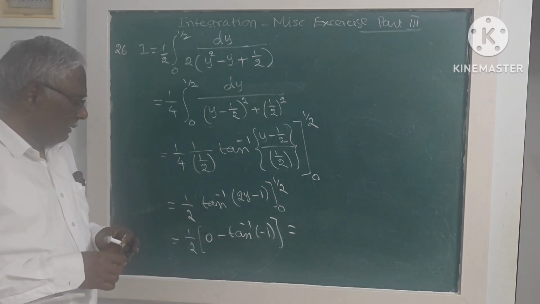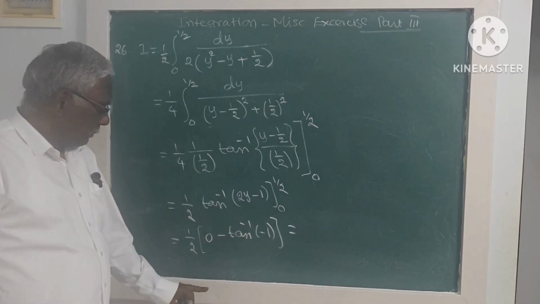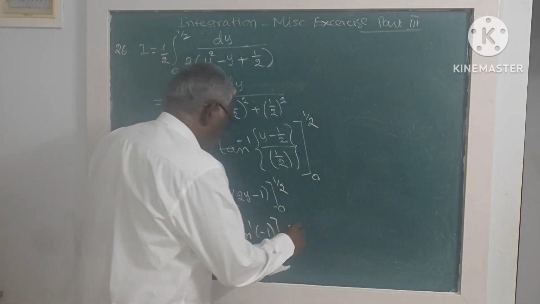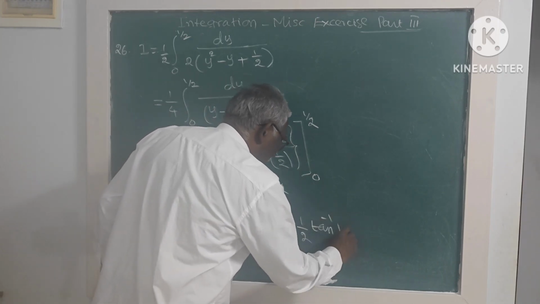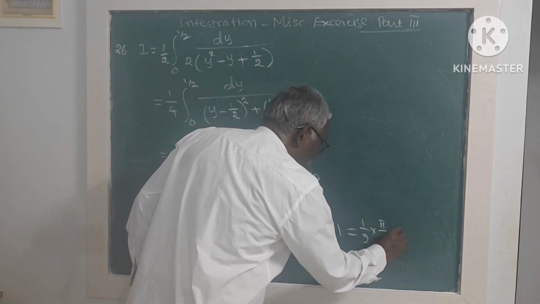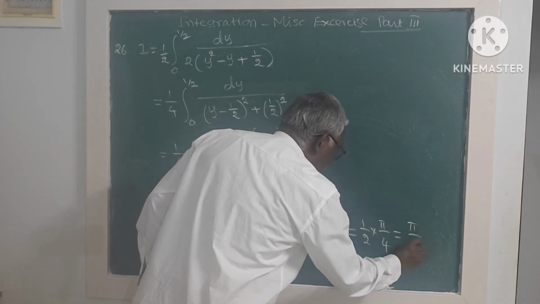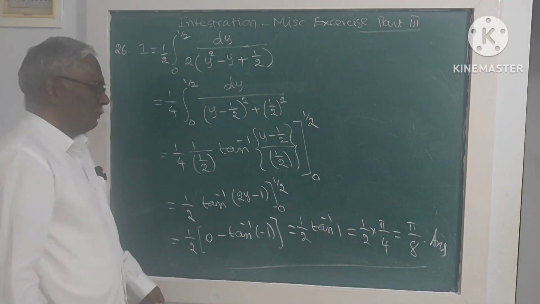It is nothing but minus tan inverse 1. Minus into minus will become plus. So half times tan inverse 1, so half into pi by 4 is equal to pi by 8. So this is the answer.